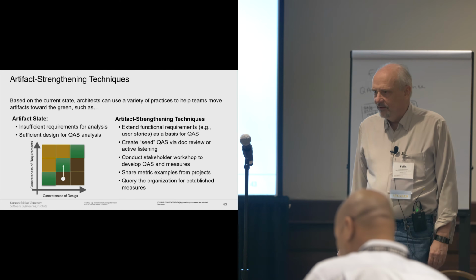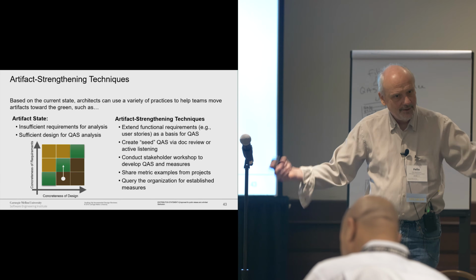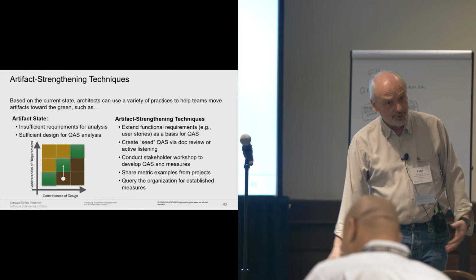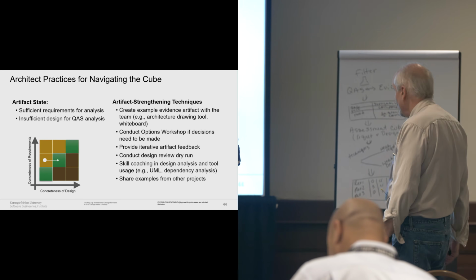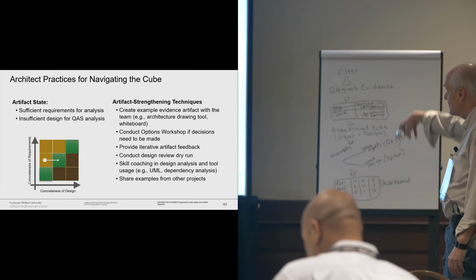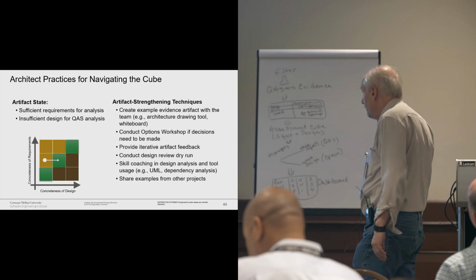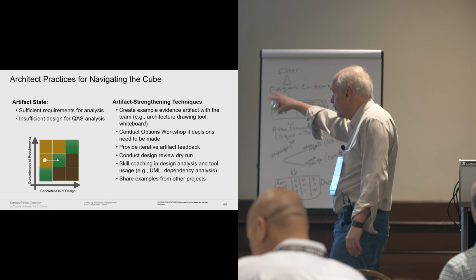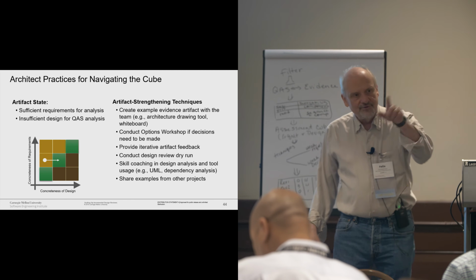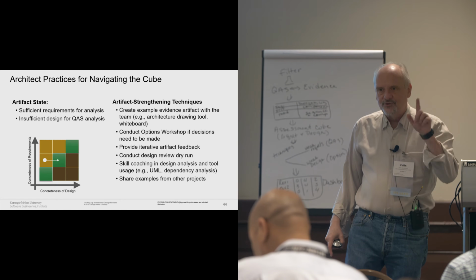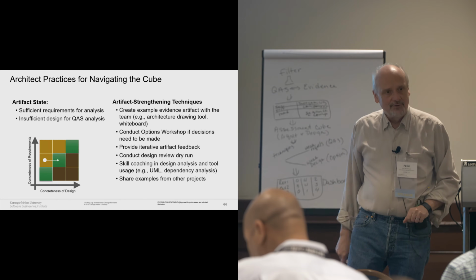If you don't have enough design, what do you do? You have something like a design session, or an option discussion, an option workshop, or something like this, to get more information here. So we just listed a few, depending on where you are, what you could do. But the purpose of all those tasks is to strengthen the artifacts to get to that happy point at the top.